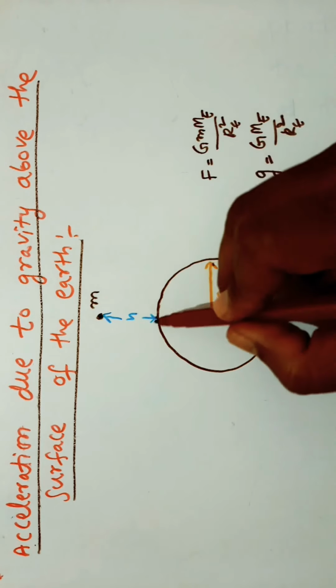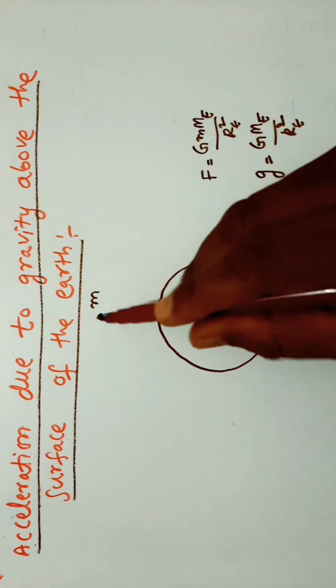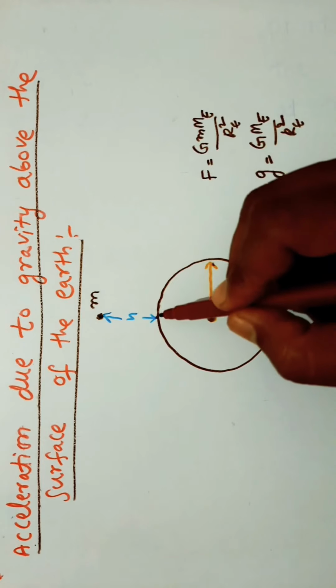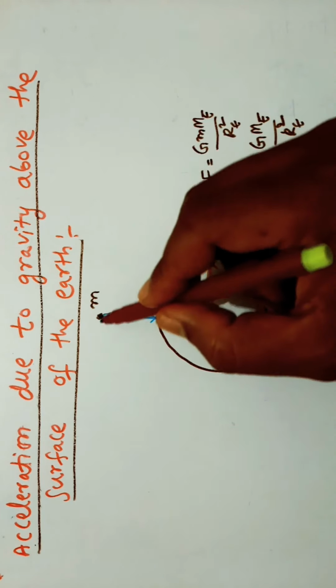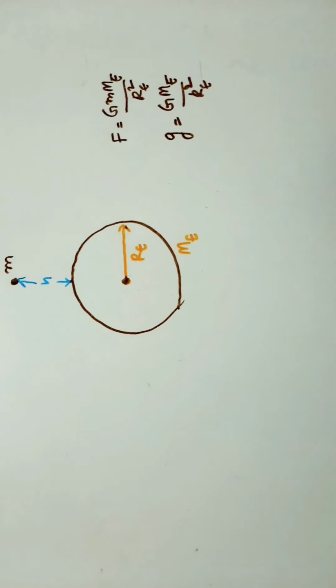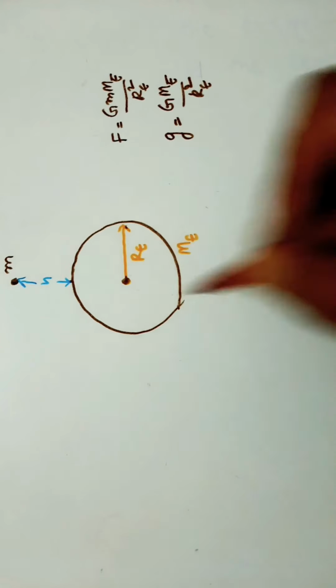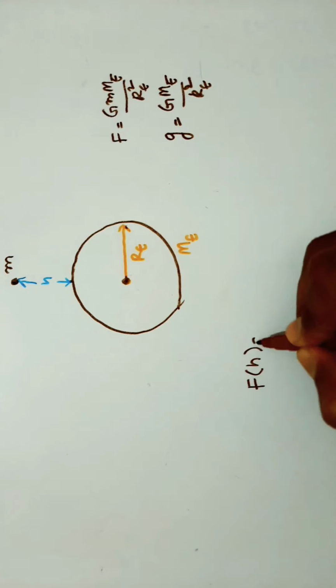But the point mass is at h height above the surface of the earth. Here we have to find the acceleration due to gravity at h height. So the force of attraction between two masses at h height, how can we write?